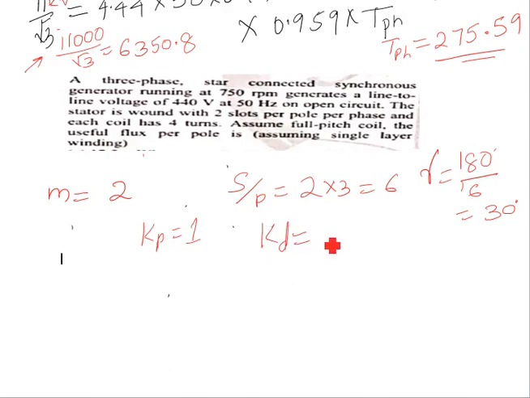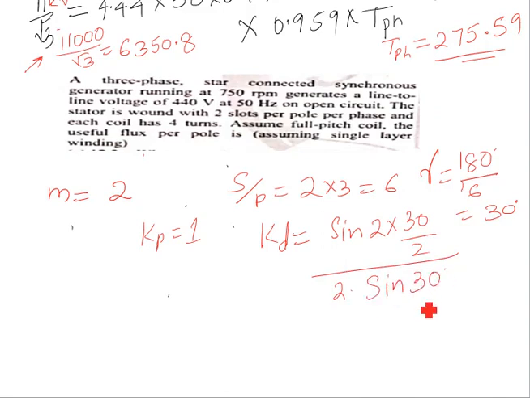Kd is sine m gamma by 2 upon m sine gamma by 2, where m is 2 and gamma is 30, so 30 by 2. This will give you 0.965.